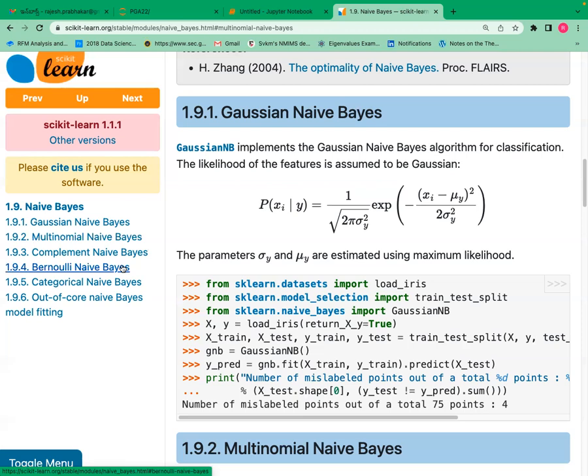Otherwise, if you have both numerical and categorical, like in our data, we use Gaussian NB, for mixed features. Multinomial is used when your dependent variable has more than 2 levels. Got it, all of you?